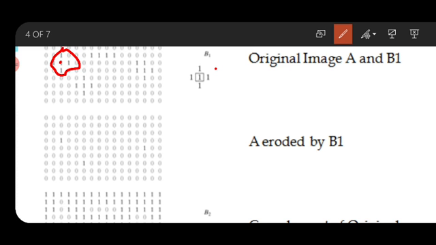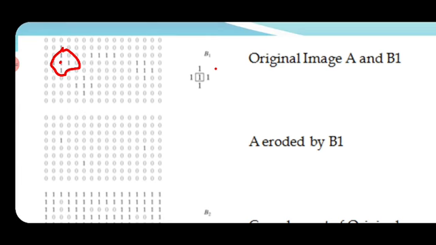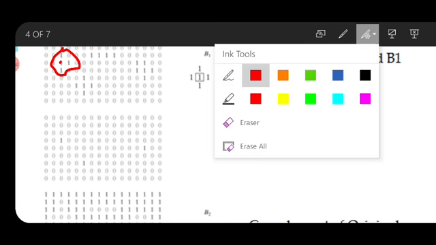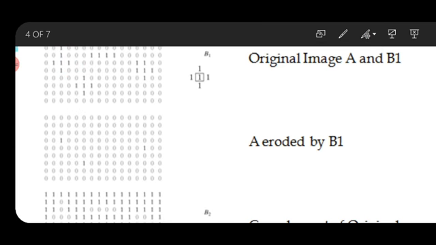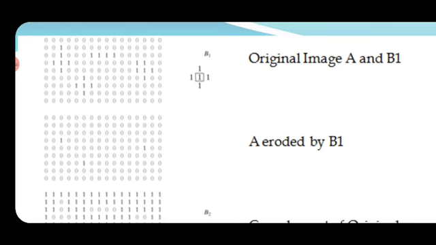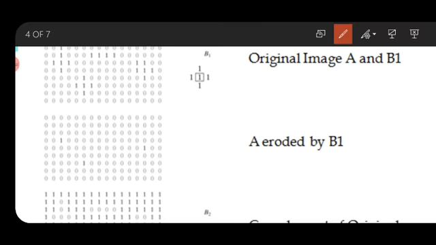Now look at how the operation is performed here. If I keep it on this pixel as the center pixel, there is no exact match of B1, so this pixel will be erased.